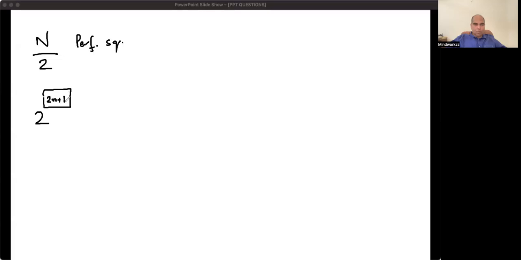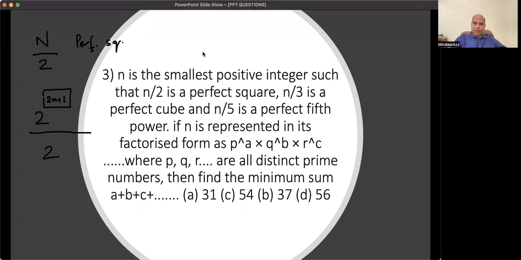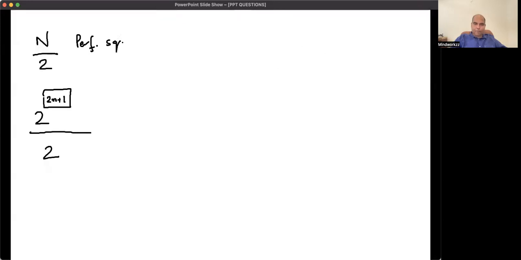It has to be a multiple of 2 plus 1. It has to be an odd power because only then when I divide it by 2 will the number become a perfect square. Right? So this is my first condition. The second condition in this problem is that when divided by 3, it becomes a perfect cube. And the third condition is when divided by 5, it becomes a perfect fifth power.